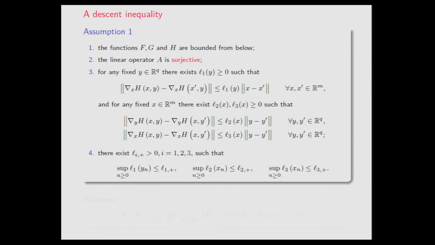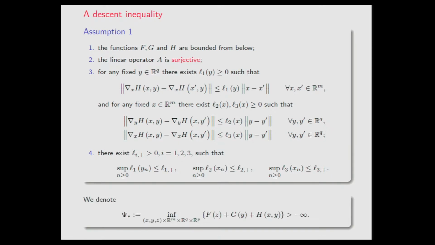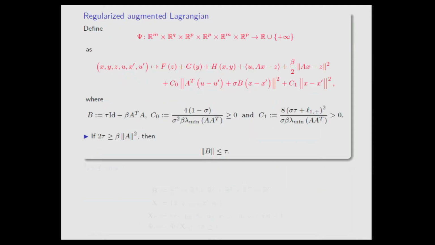And at this moment, we don't assume that the gradient of h is Lipschitz continuous on bounded sets. This comes later. Yeah. So we denote by psi star the infimum of this function, which is greater than minus infinity.